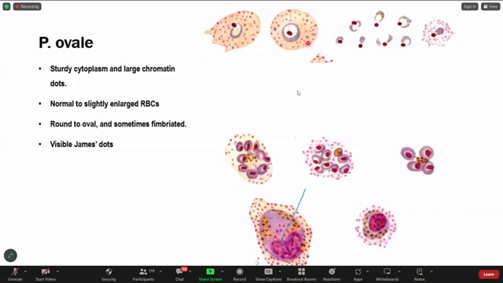The red blood cells are somewhat enlarged, but they look elongated or ovoid. Then P. ovale is recognized by the ghost nature of the James's dots that stay there, even in a thick film.